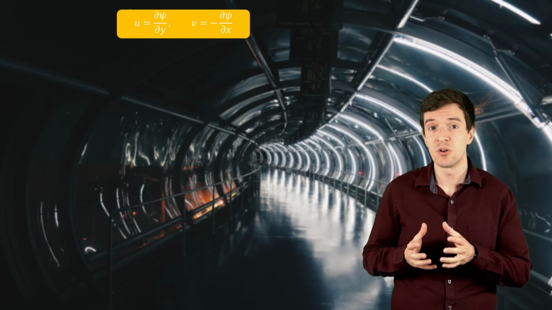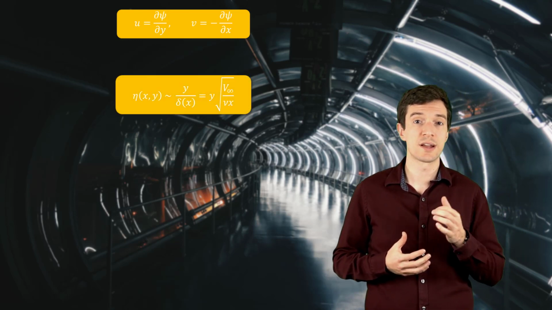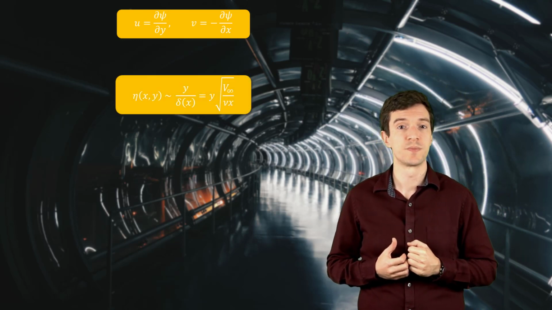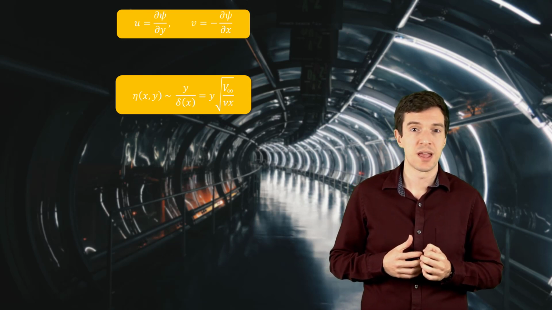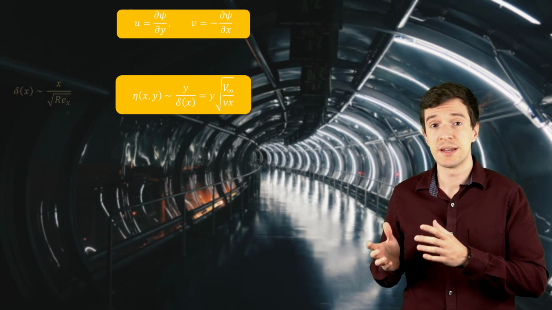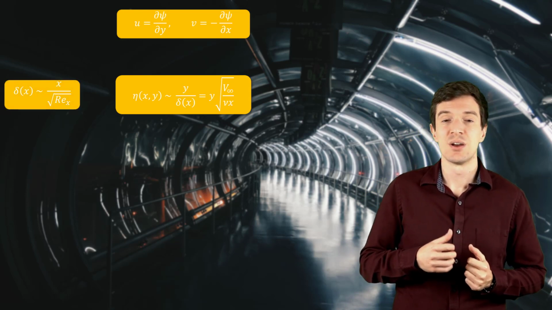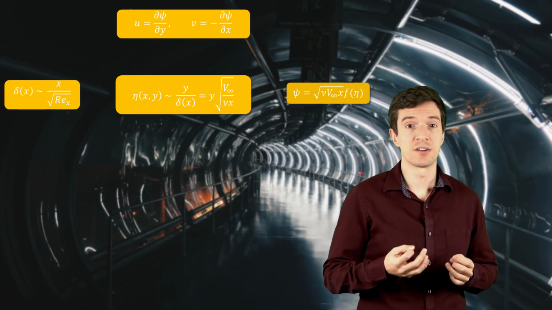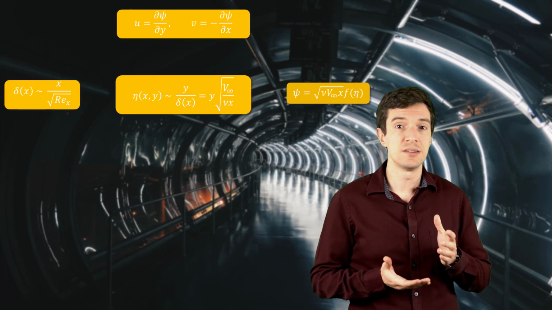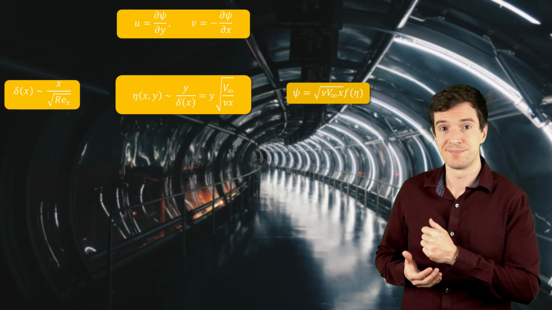The coordinate transformation is performed introducing a non-dimensional coordinate for the y direction normal to the wall, and it's defined as eta and based on the boundary layer thickness correlation with x. We can then define a scaled form of the stream function based on the dependent variable function f of eta.